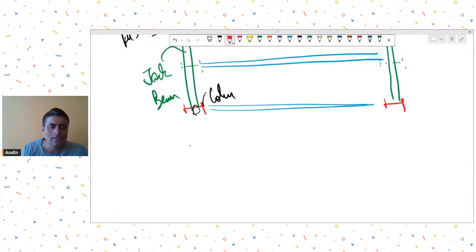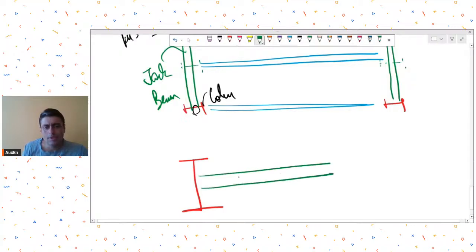So in this case, if you want to have a shear connection over here, I think the easiest way to develop a shear connection will be to go with web cleats.